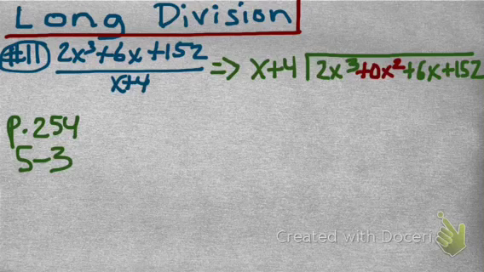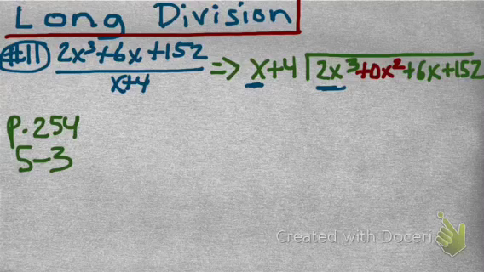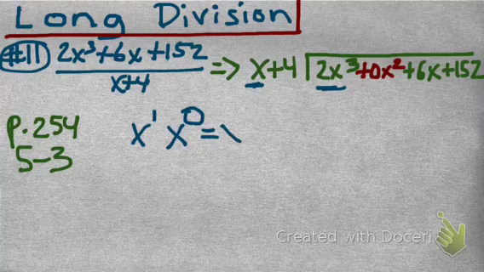The first thing we do is look at the first term inside the box, and I need to get that term using my first term outside the box. Well, I have x power 1, and I need x power 3. If I multiply x power 1 by x power something else, I'll get x power 3 if I pick the right thing.